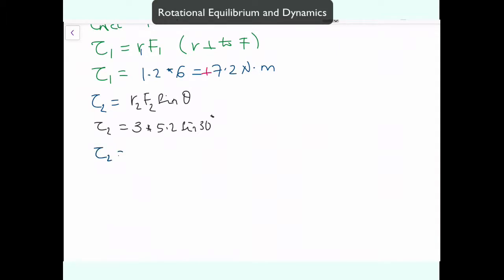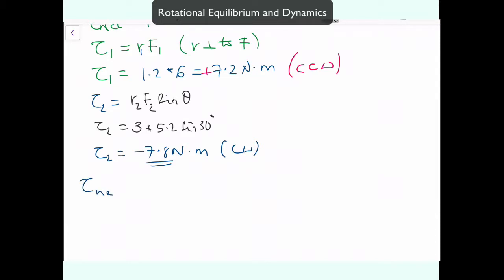This torque 2 is equal to negative 7.8 Newton meter, because it's clockwise. The previous one we took as positive because it was counterclockwise. That's the convention.